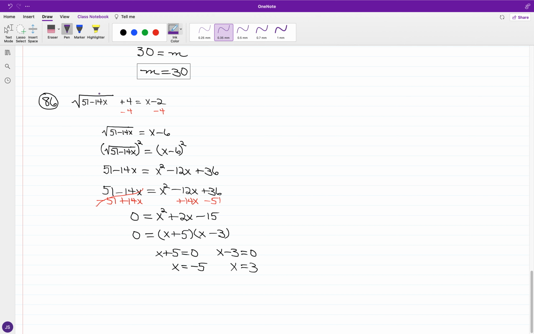And because I have an even root radical, that signals that somewhere the principal square root rule might override the possibilities. We'll just see what happens. So upon checking, x equal to negative 5.